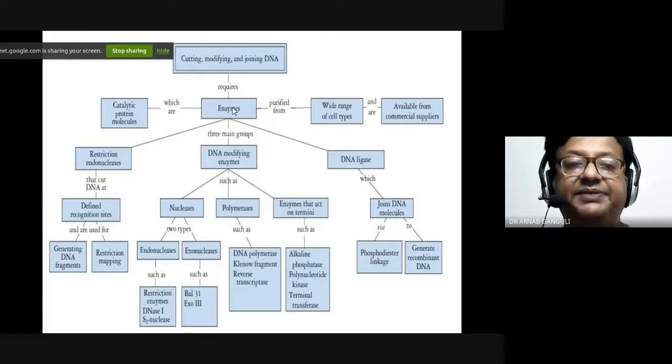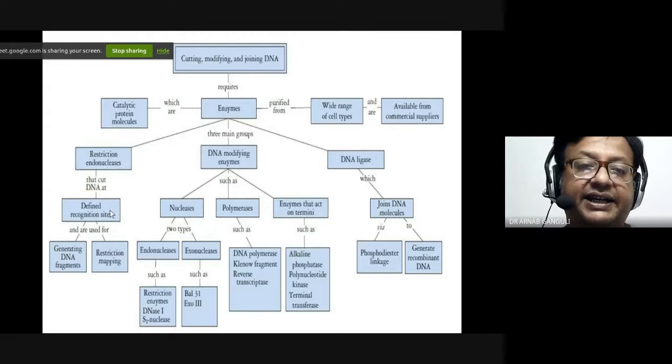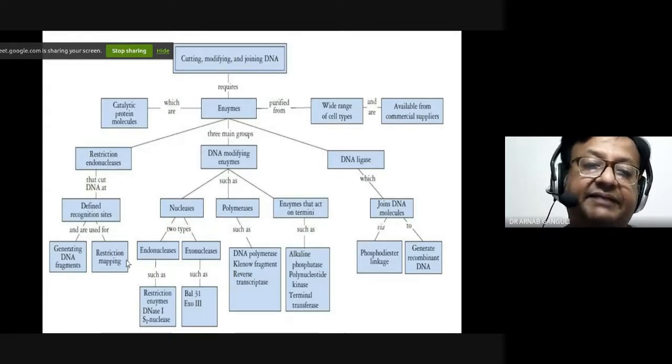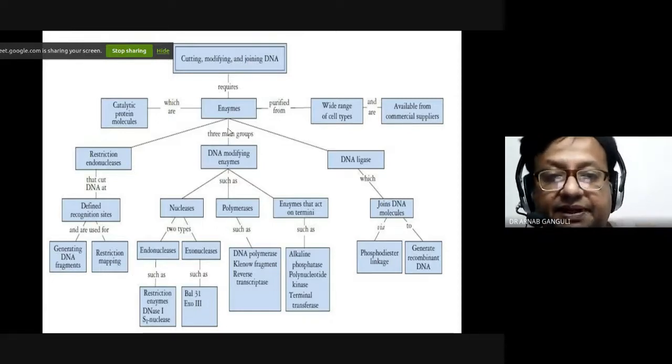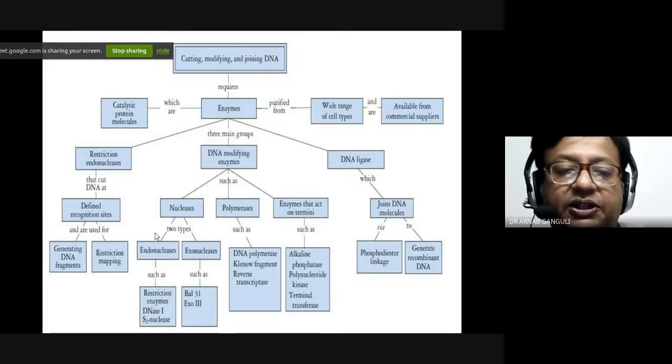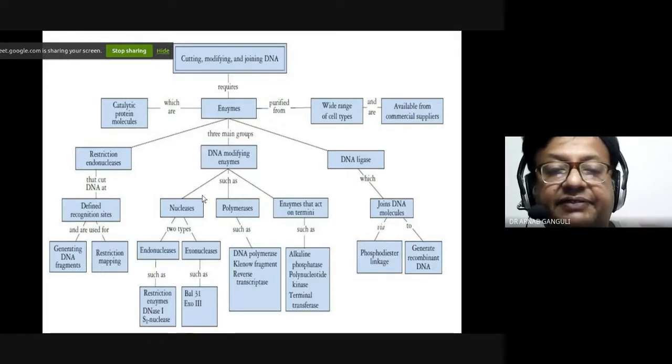These enzymes belong to one group, the restriction endonucleases. That is, they cut DNA at definite sites. They generate DNA fragments, or you can use them for restriction mapping. Right now you don't have to bother about that, but generating DNA fragments.